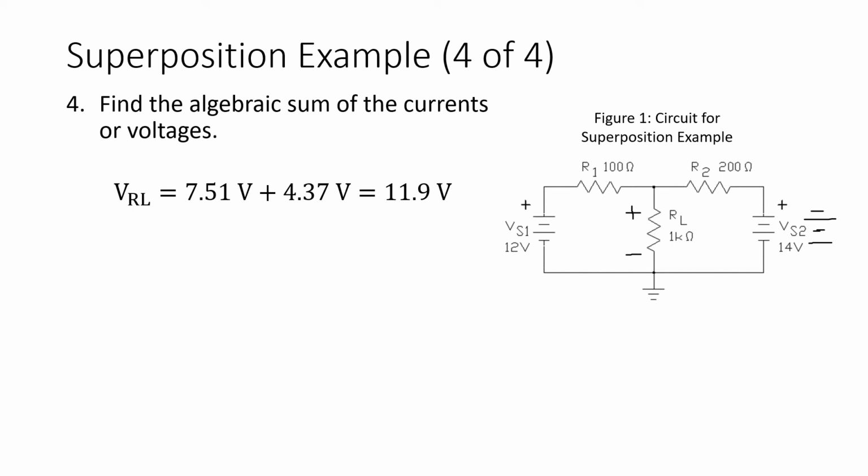This voltage would be, of course, negative to positive, and these voltages would subtract from one another instead of being additive. So it's important that when you find the voltages with each source acting independently, that you keep track of the polarity of these voltages so that we'll know whether they're additive or one subtracts from the other.